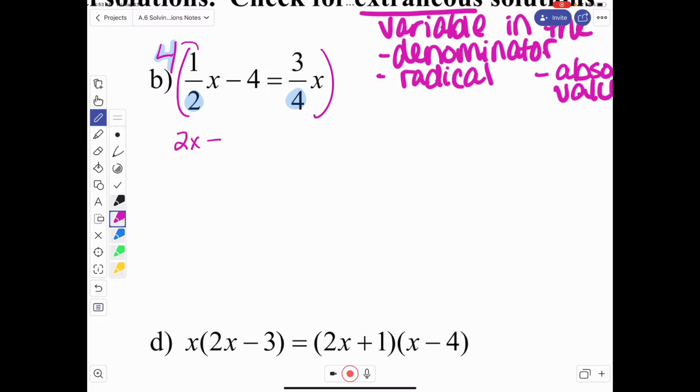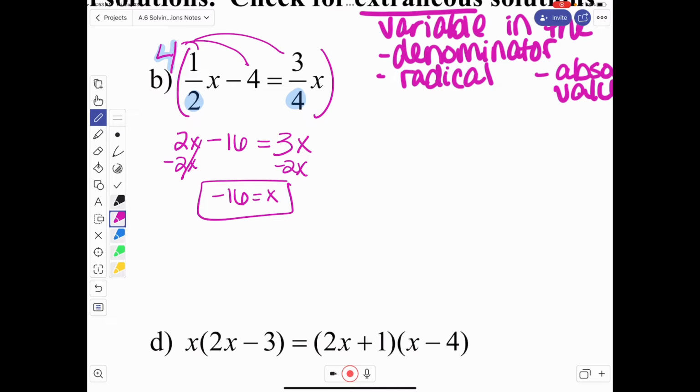And you have to multiply everything. You can't just multiply the fractions by the 4. You got to multiply everything. 4 times negative 4 is going to be negative 16. And 3/4 times 4, the 4s are going to cancel out, so you're just left with 3. Okay, so now we're ready to solve. I'm going to subtract the 2x, and we'll get negative 16 equals x.